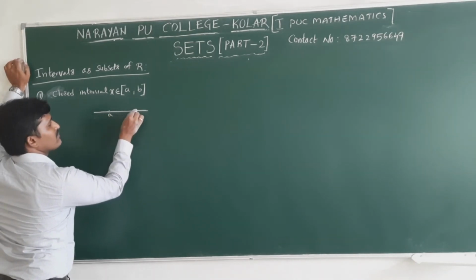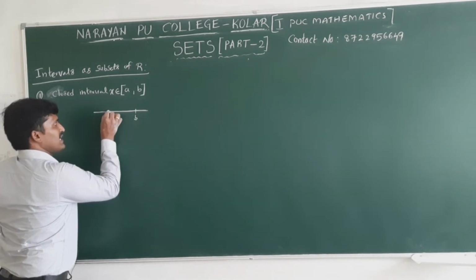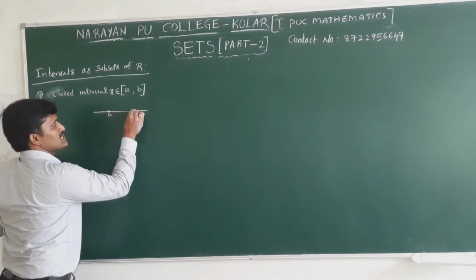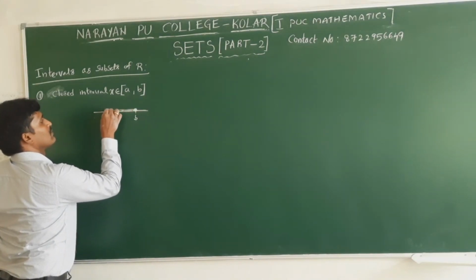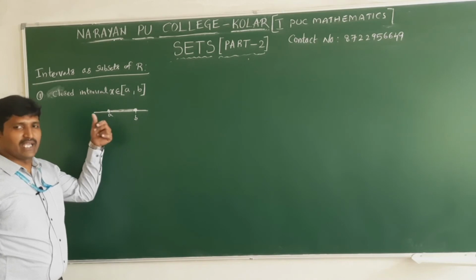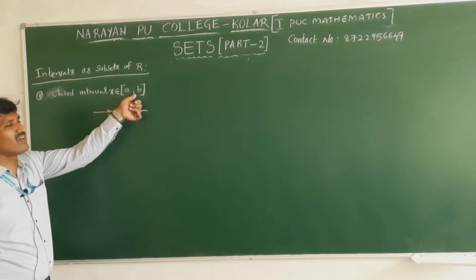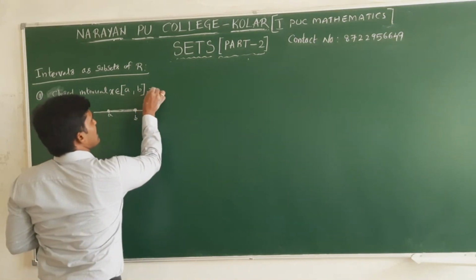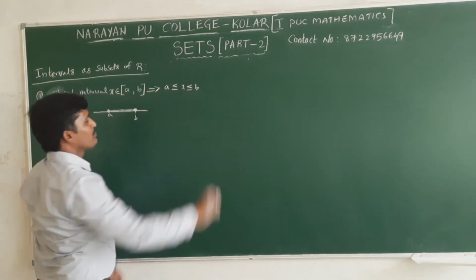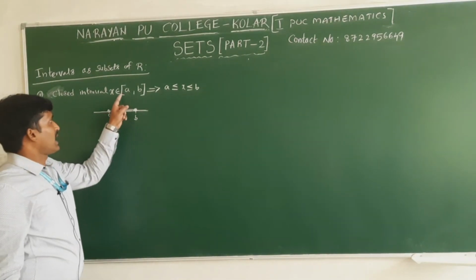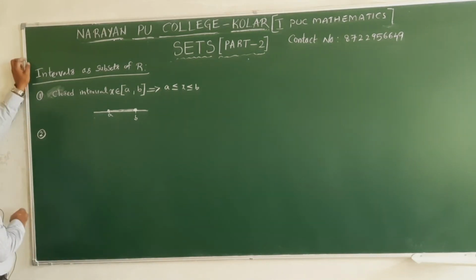I am taking A here and this is B. When the closed bracket is there, A we should take, B we need to take, and in between A and B is also possible. That is the meaning of the closed interval [A, B]. This we can also express with symbols: A is less than or equal to X, which is less than or equal to B. X is from A up to B, B also part.